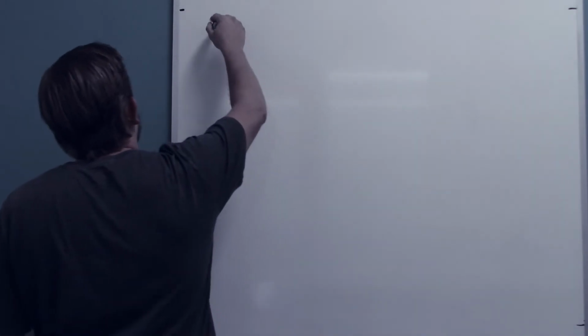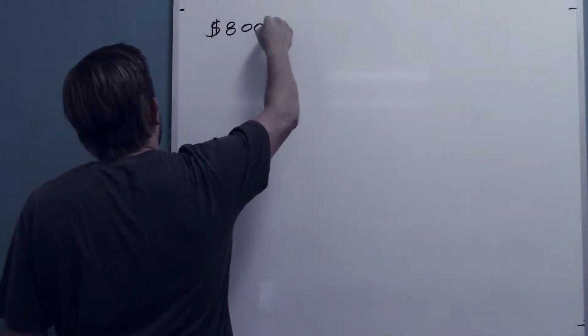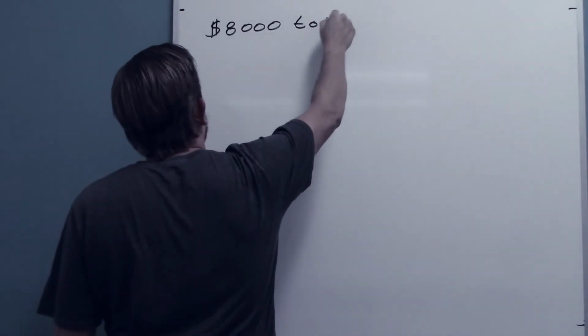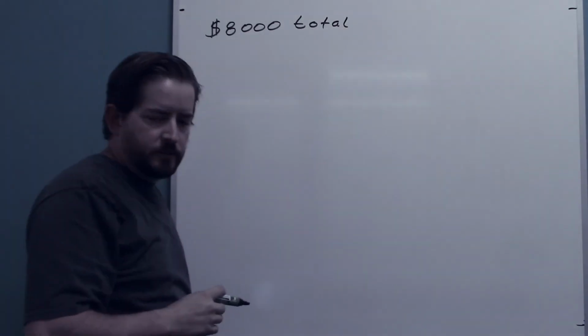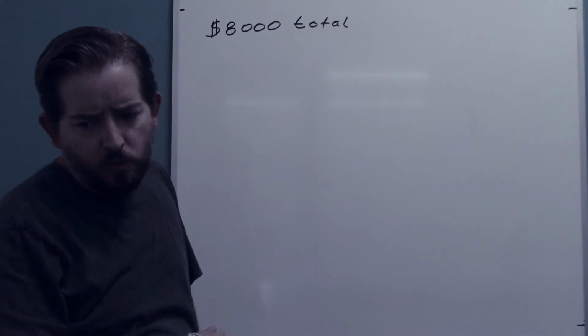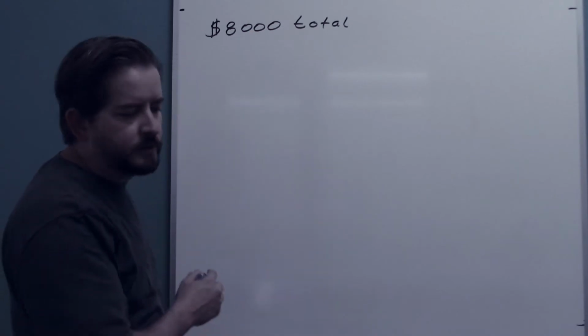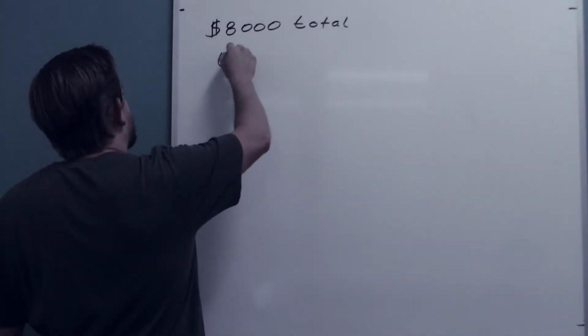Okay, let's look at this guy. An investment specialist has $8,000 of a client's money. So we have $8,000 total invested. And they're splitting this into two accounts. One account earns 6% interest.